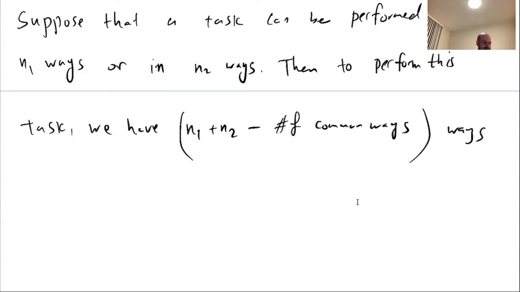In the example of the food, instead of having lunch and dinner, let's say this time we only focus on lunch. So just one task, but that one task can be performed either in n1 ways or n2 ways.